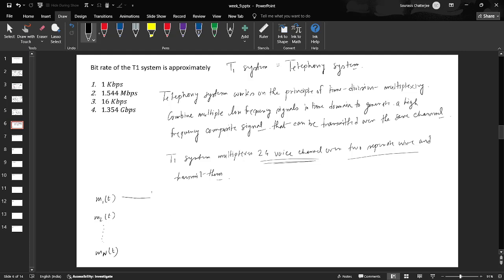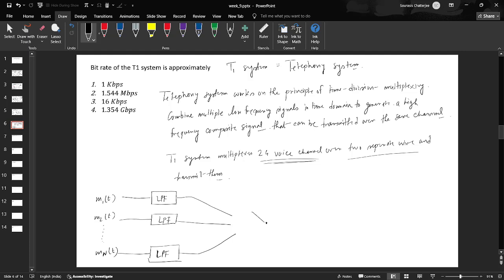You pass them through a low pass filter, just to make sure the high frequency components are not going to create any issue. Then you use a commutator to collect all of them.